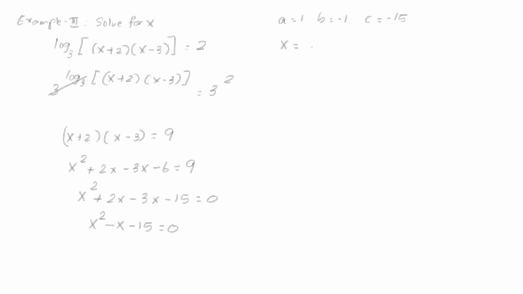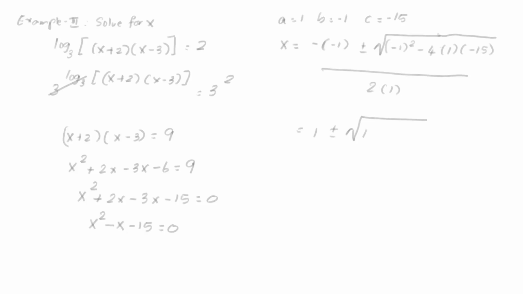So minus B is minus of -1, plus or minus square root of -1 squared, minus 4 times A times C, over 2 times A, which would give us 1 plus or minus square root of 1, minus 4 times minus 15 is plus 60, over 2, which would mean we have 1 plus or minus square root of 61 over 2.